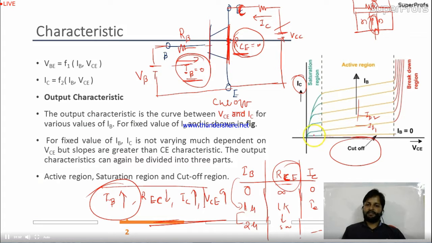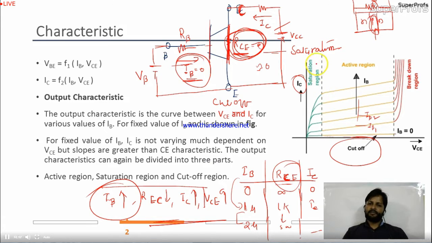That condition I'll call the saturation. In the saturation region, the resistance between collector and emitter is 0 or near to 0.